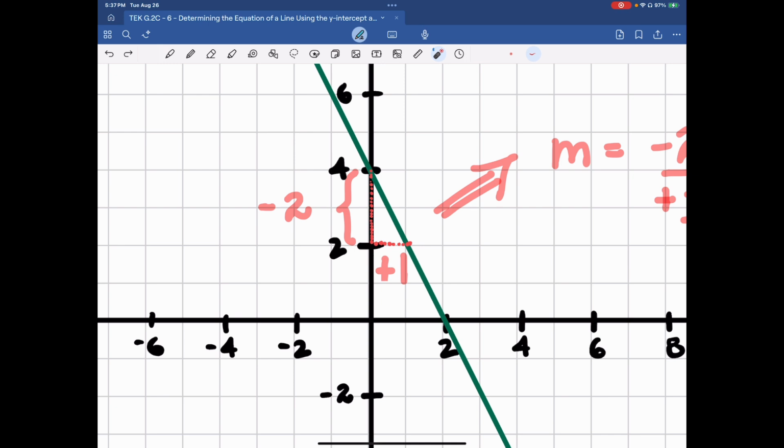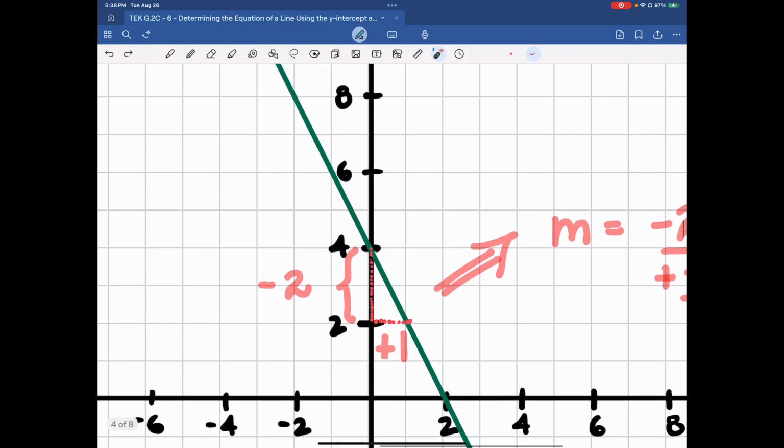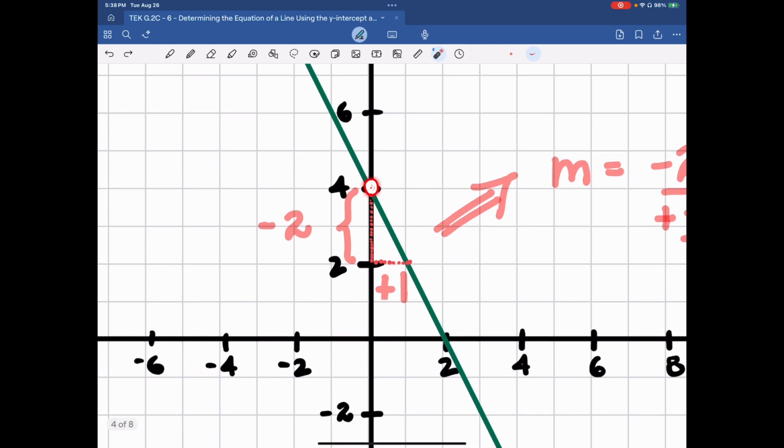Knowing the y-intercept now, we need to determine the slope. Now you know that slope is equal to the rise, how far you go up or down, over the run, which is how far we move to the left or to the right. The way that we evaluate this when we're looking at the graph is that we're going to start at the y-intercept, and we want to go down and over, and figure out how many units we went down and over.